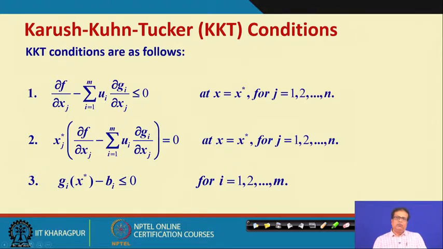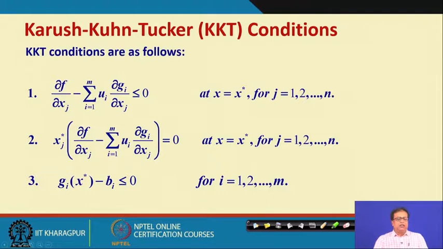This negative sign of combination is usually used for a maximization problem. Sometimes plus is used for minimization, but we can generalize with negative also. We will have some discussion later.